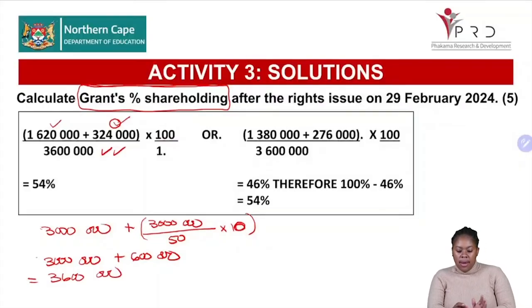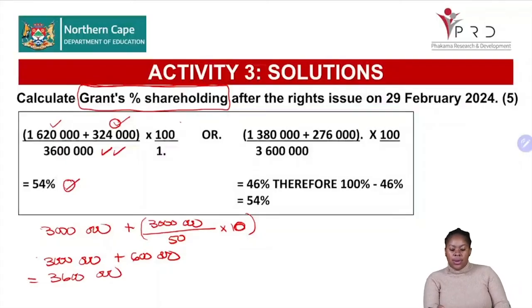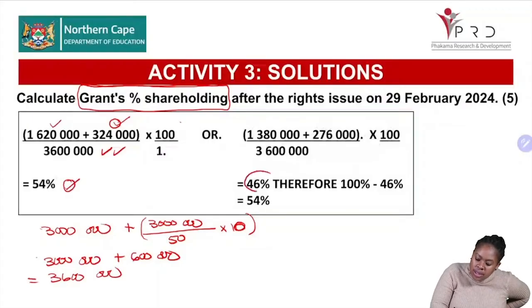And then we have to multiply by 100 because we are looking for a percentage. We multiplied by 100 and got our 54%. Or alternatively, you would have said 1,380,000, add the 276,000, and then divide that by the 3,600,000. You multiply by 100, and this calculates the 46%.